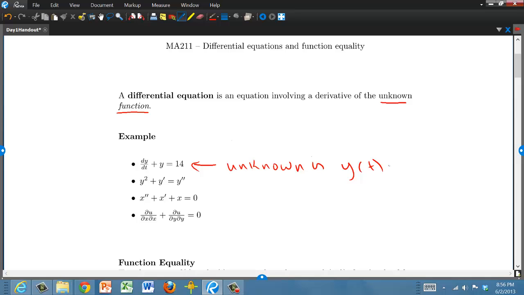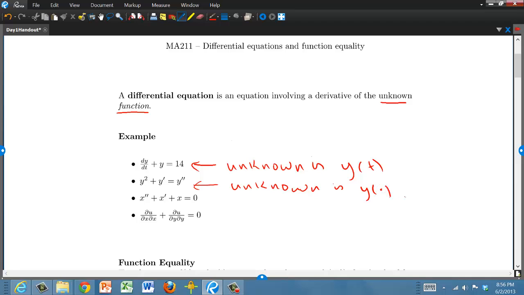Okay, so in this problem, I want a function y such that y squared plus y prime is equal to the function that is y's second derivative. So again, the unknown, it's y of something. I used the prime notation, so I didn't really name the independent variable.